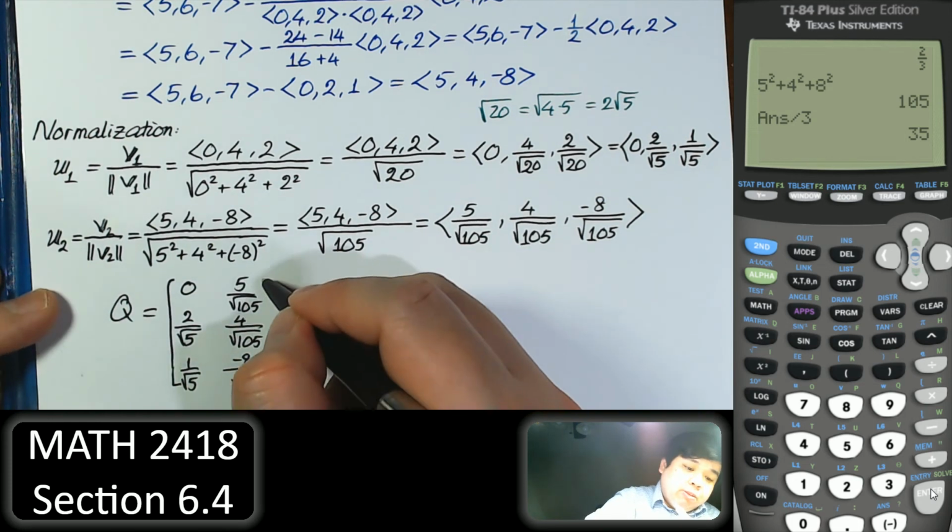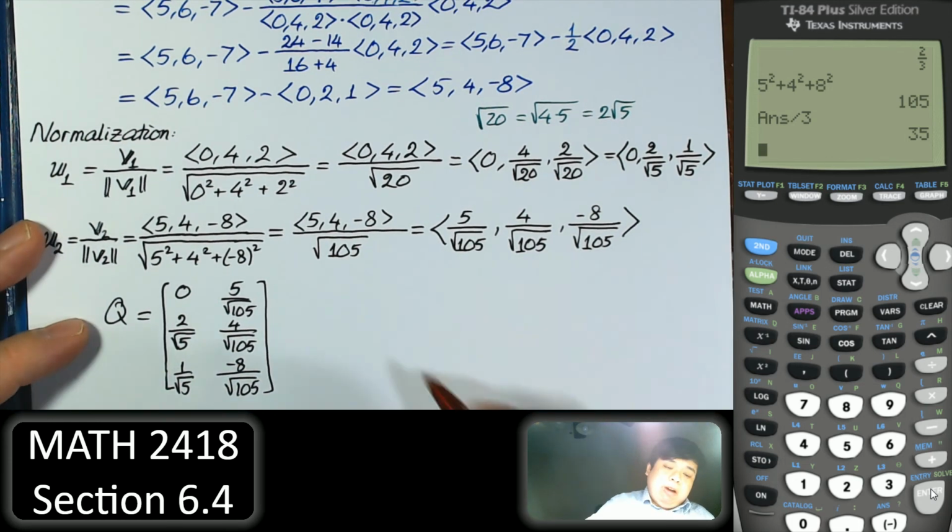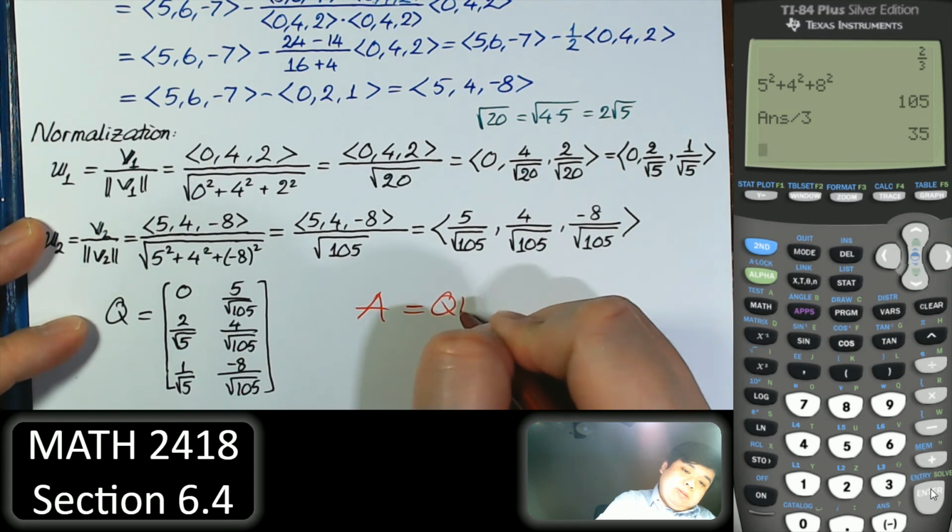So that is the matrix Q. And the factorization is A equal to QR.